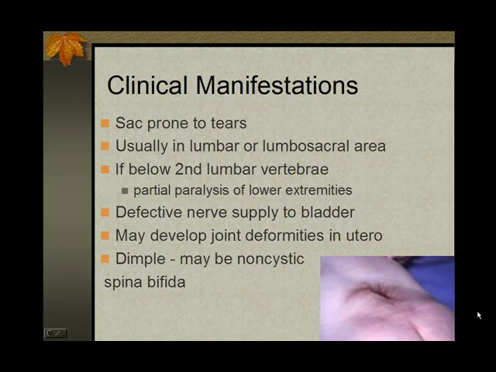These kids very often will have defective nerve supply to the bladder, so you get a neurogenic bladder, so the bladder doesn't function. They can develop joint deformities in utero. They're not having normal movement, so you don't get normal development. Particularly hips can be a problem. And then a dimple there on the lumbar or coccyx area may be our non-cystic spina bifida, the spina bifida occulta.